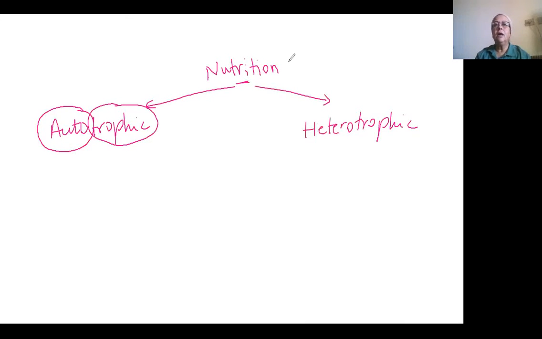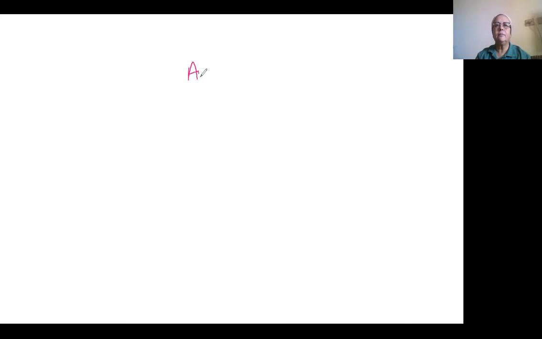So what's the meaning of automatic nutrition and nutrition which is not automatic? Now, the autotrophic nutrition, or the automatic nutrition, means that the organism makes its own food inside its body. Right. How can the organism make its own food?